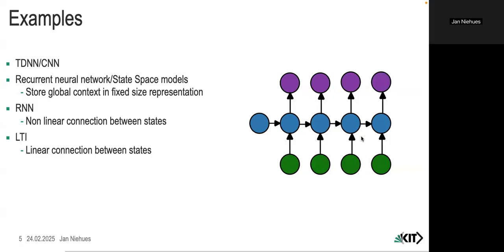And then we had two versions of that, the traditional RNN, where we have nonlinear representations. So how this state depends on this state is a nonlinear one, while in a linear one, these are linear representations.